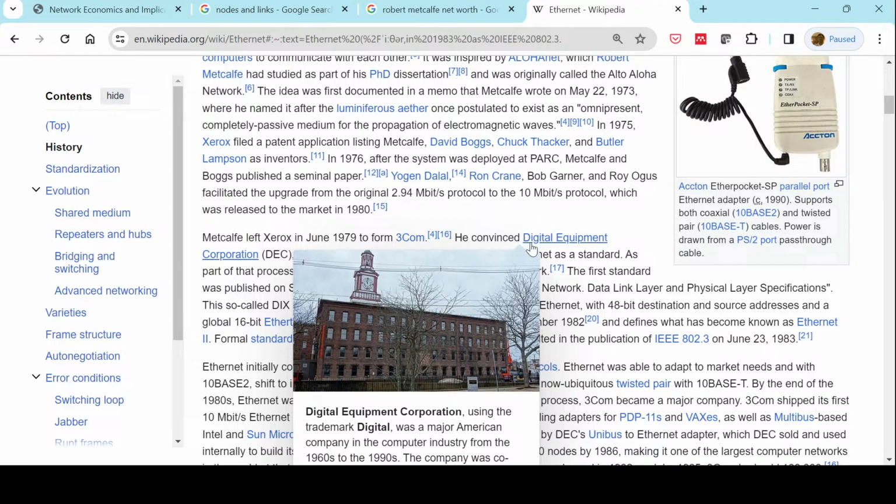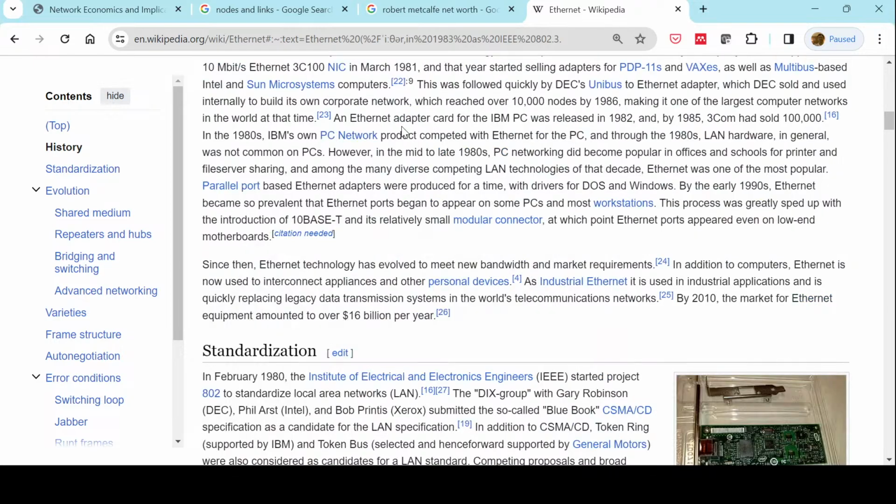An Ethernet adapter card for the IBM PC was released in 1982, and by 1985, 3Com had sold 100,000. IBM's own PC network product competed with Ethernet for the PC. Okay, let's skip.